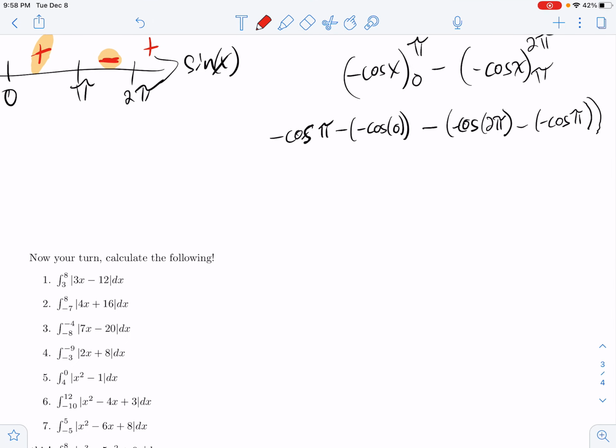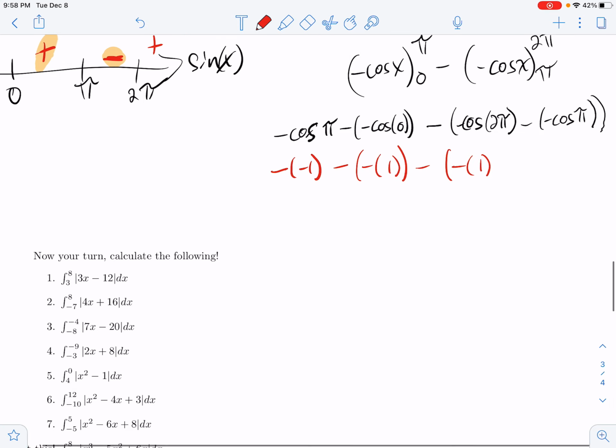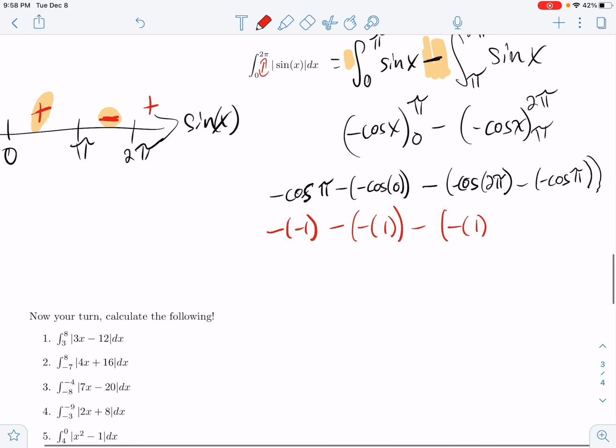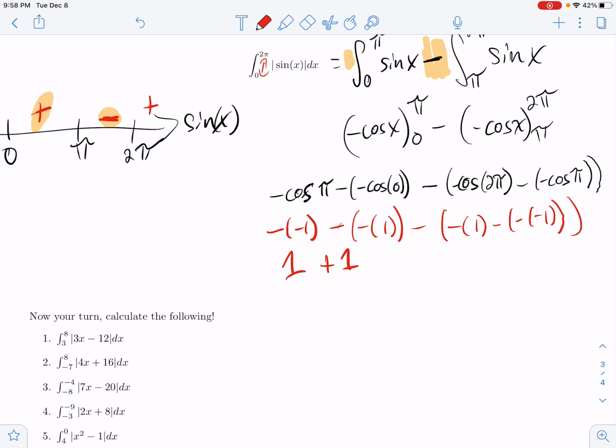So this is negative 1 minus cosine of 0 is positive 1 minus positive 1. 2 pi is also positive 1 minus positive 1. And we said pi is negative 1, so minus 1. And we got to deal with the minus signs. So this is what? 1. Minus is plus 1.